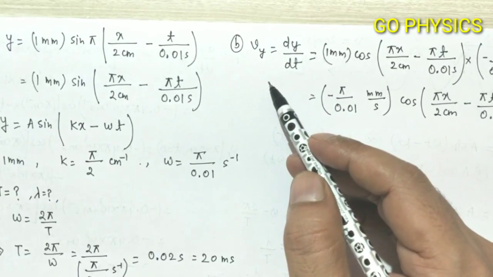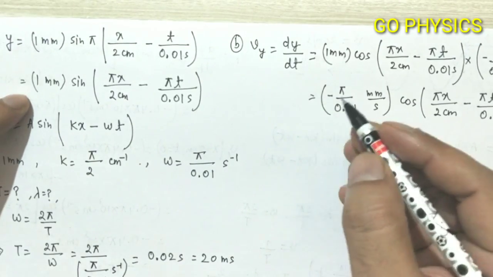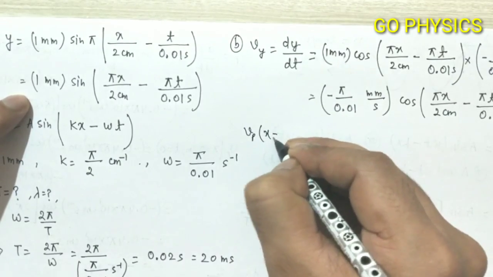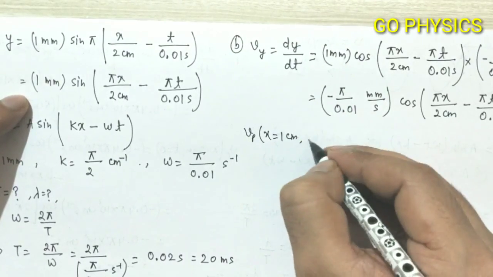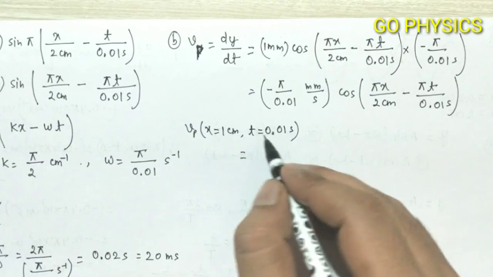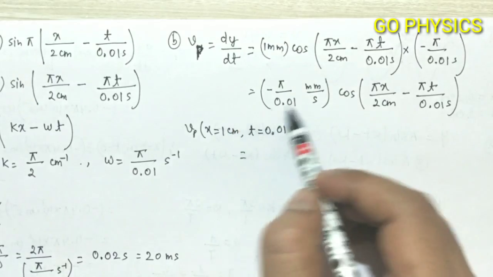So this is the general equation of the velocity of particle. In the question they are asking to find the speed of particle at x equal to 1 centimeter at time t equal to 0.01 second. We will substitute these values in the general equation of speed of particle.